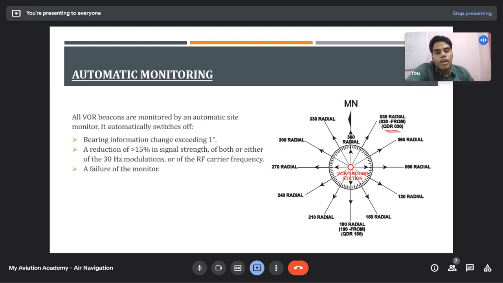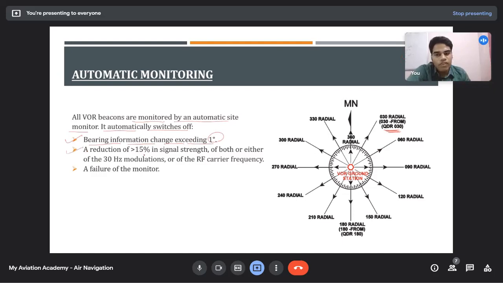What is automatic monitoring? All the VOR beacons are monitored by an automatic site monitor. It automatically switches off. I told you that there is a warning system, and this is how it's monitoring. So the VOR itself switches off whenever any of these three things happen. Bearing information change exceeding 1 degree, only 1 degree, so you can see the accuracy of VOR.